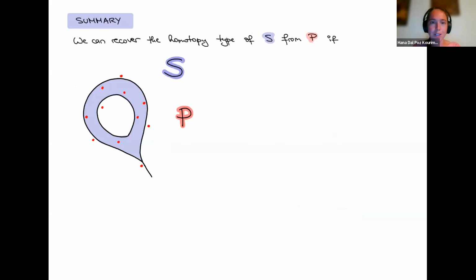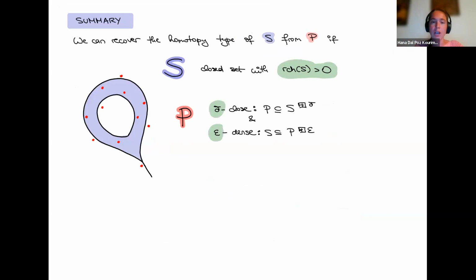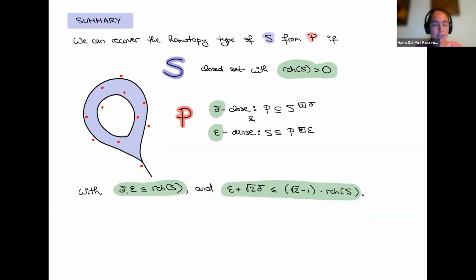Great. To summarize, we can recover the homotopy type of a set S from a sample point if S is closed, it has positive reach, the sample, the point cloud P is delta closed and epsilon dense in S, and then we have conditions on what this delta and epsilon should be.